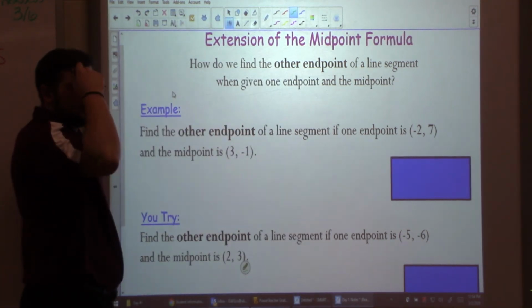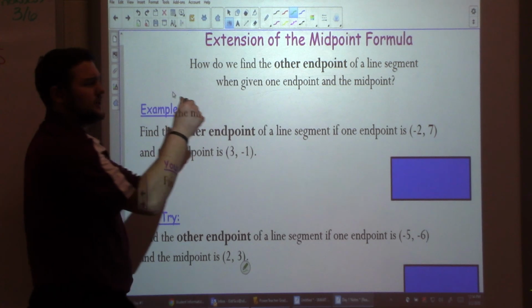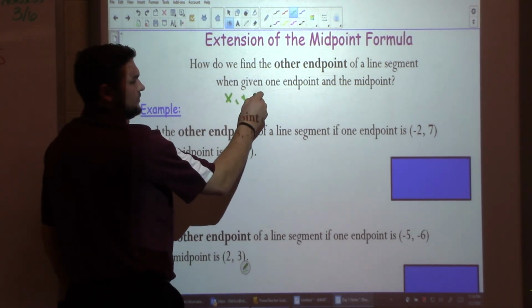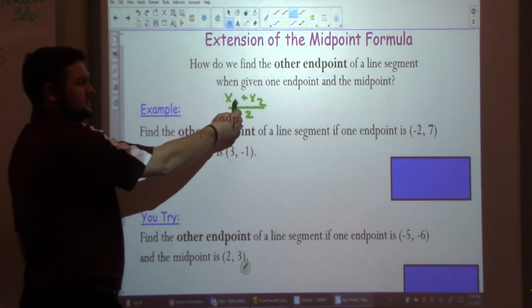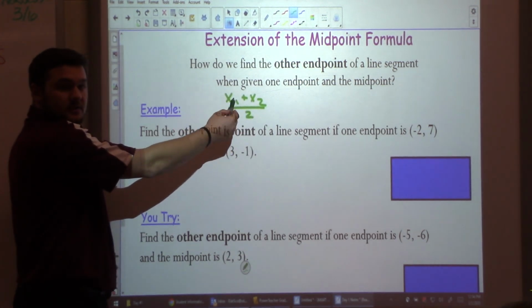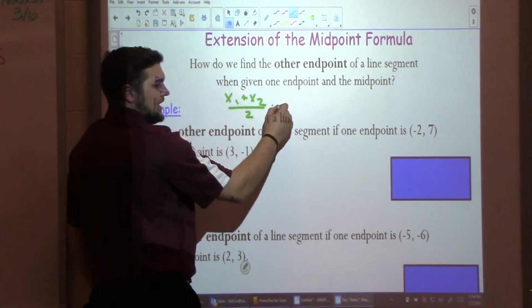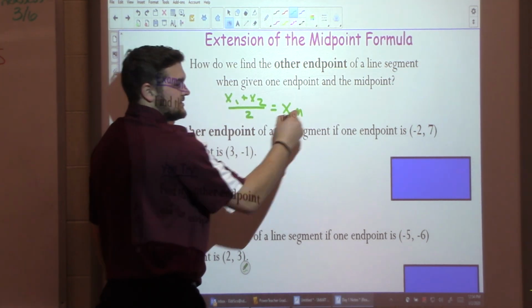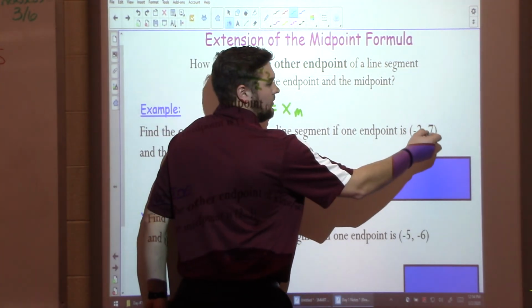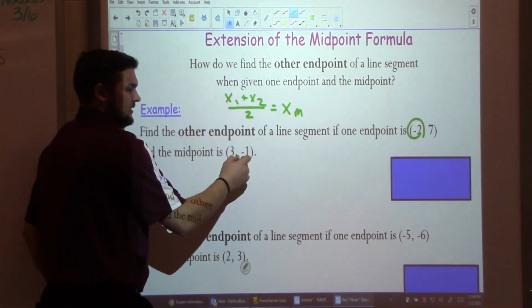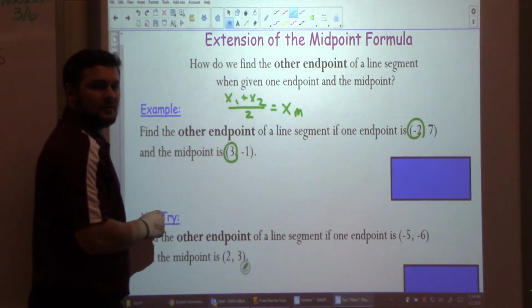Hey guys, when we found the midpoint, the x value at our midpoint, we did x1 plus x2 over 2, right? That was our first endpoint and our second endpoint added together, divided by 2. And that gave us the x of our midpoint. Well, I have one endpoint and the midpoint.